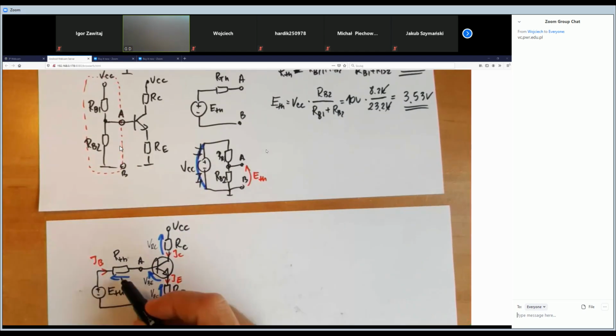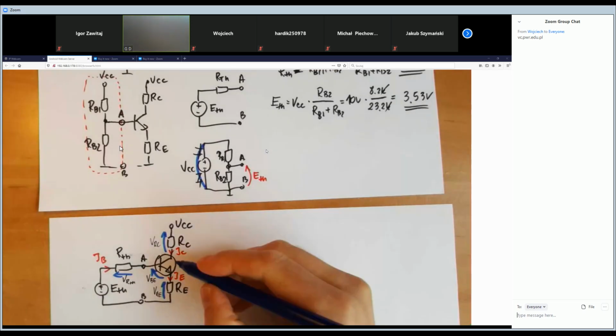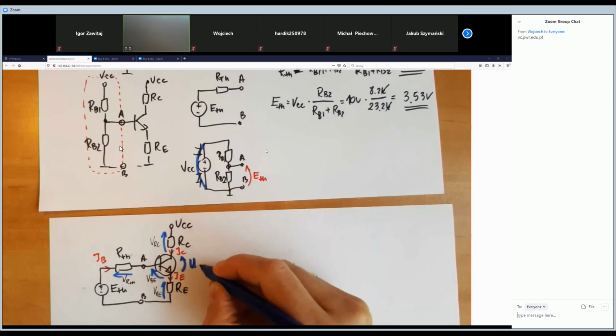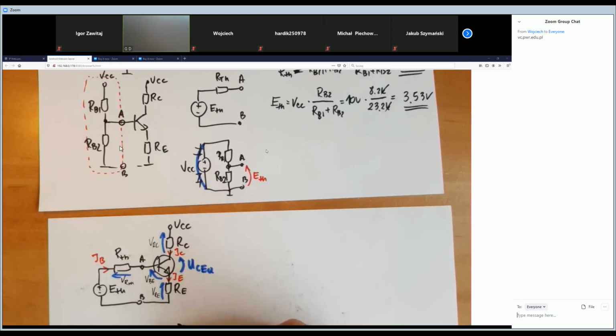Okay, VRTH. One thing here, UCEQ is here. So first of all, let's find the base current according to this simple electronic loop, and let's build the equation for it.